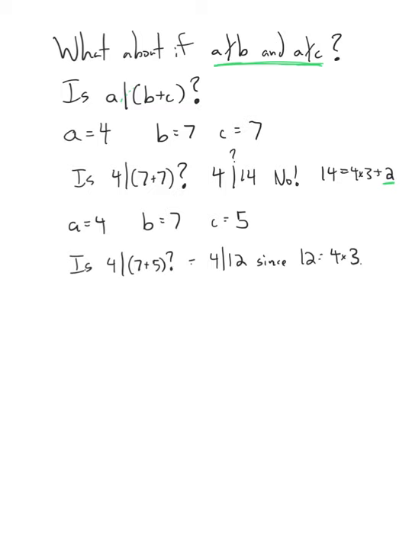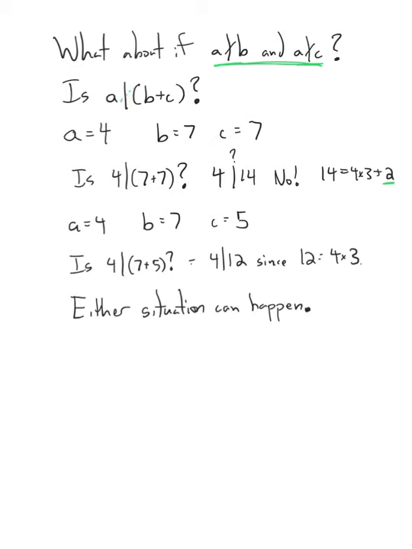So what we can say is that either situation can happen. So you don't have enough information to determine if A is a factor of B plus C or it isn't, unless you know something more about B and C. And what you'll need to know is something about the remainders.